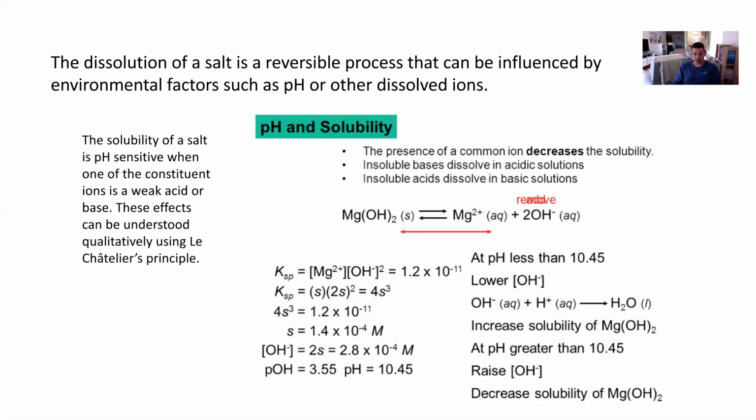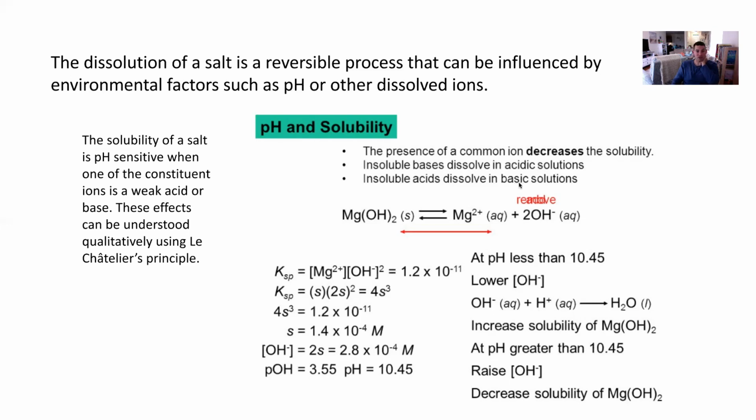If hydrogen ions are present, any basic insoluble salt will actually increase its solubility, because we're going to be essentially removing product again and again. So the presence of a common ion decreases solubility, but insoluble bases dissolve better in acidic solutions. So that's pH less than 7. And insoluble acids actually dissolve in basic solutions.